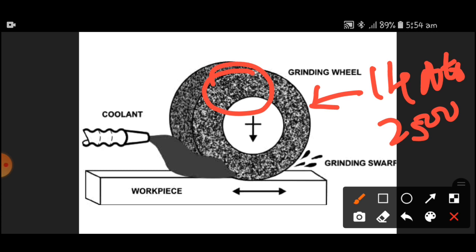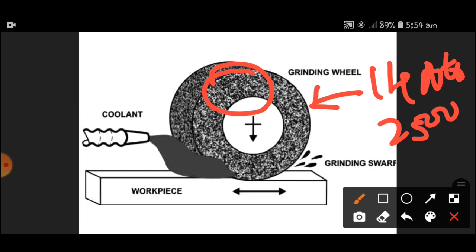So the grinding machine should be well balanced and rigid enough to absorb all the vibrations, since even a single vibration causes dimensional inaccuracy.